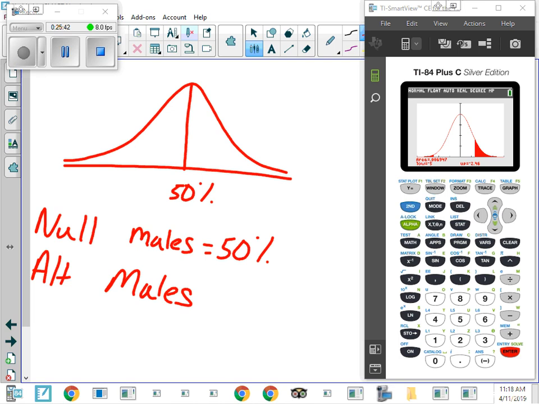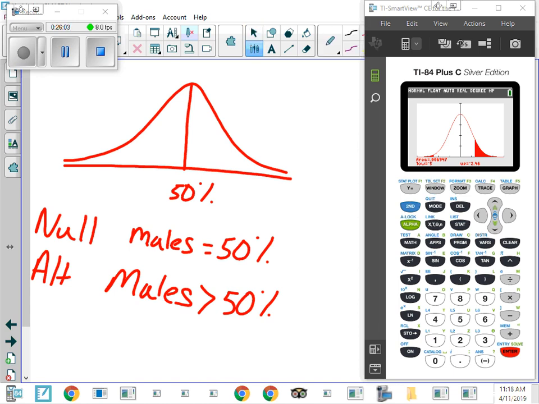Greater than or less than? Why greater than? What does our sample suggest? Our sample suggests greater than because it's 13 out of 18. So greater than 50%.